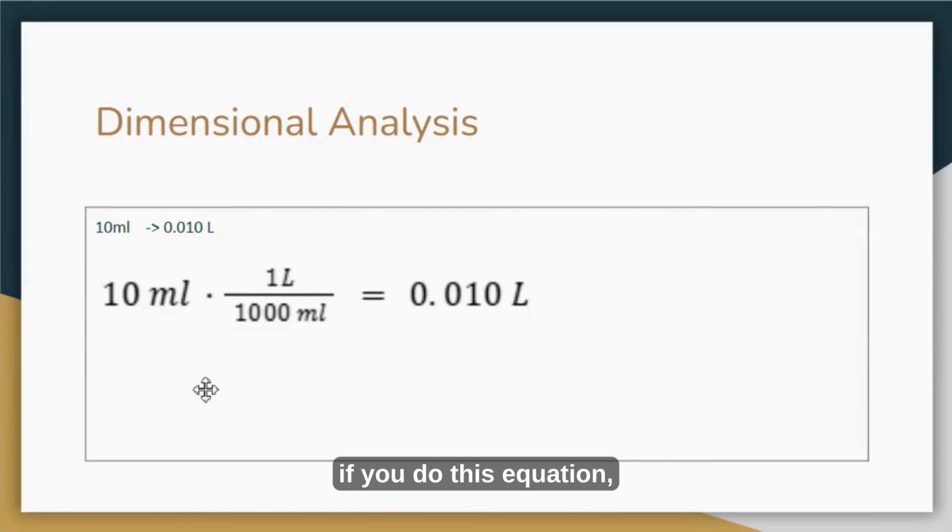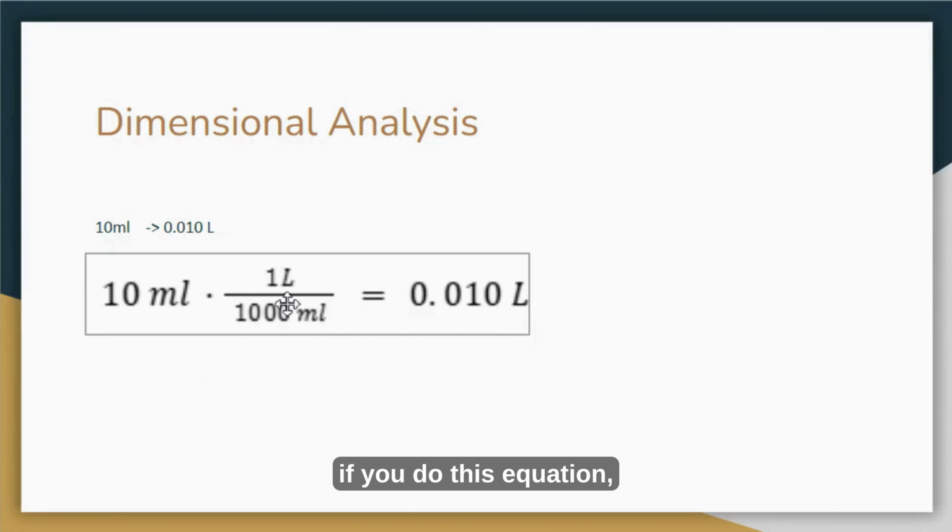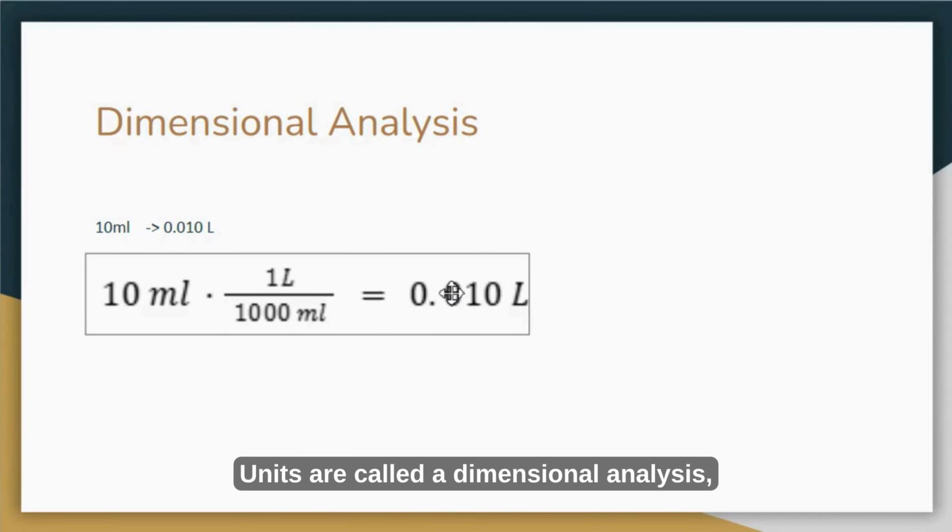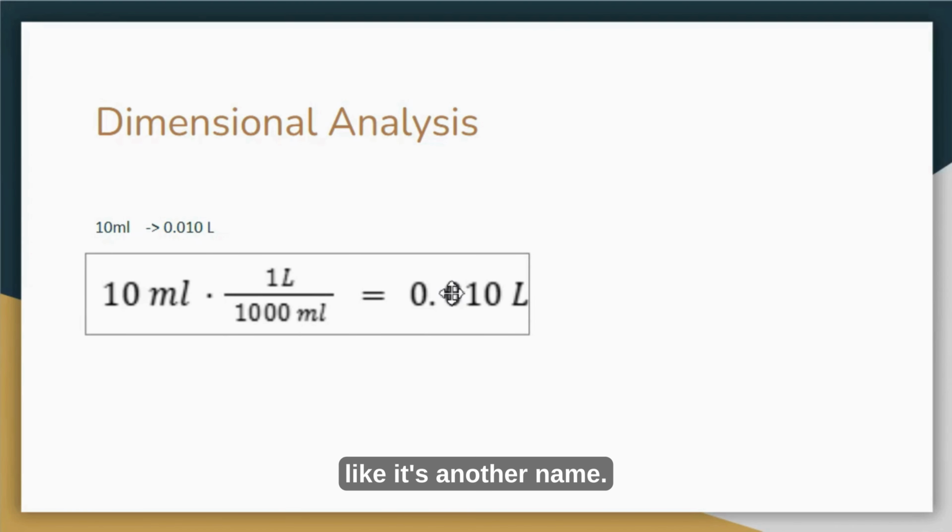If you do this equation, 10 milliliters times 1 liter over 10 milliliters, which cancels out the milliliters, we'll get the same amount in a different unit, like liters in this context. So converting units like this is called dimensional analysis. It's another name.